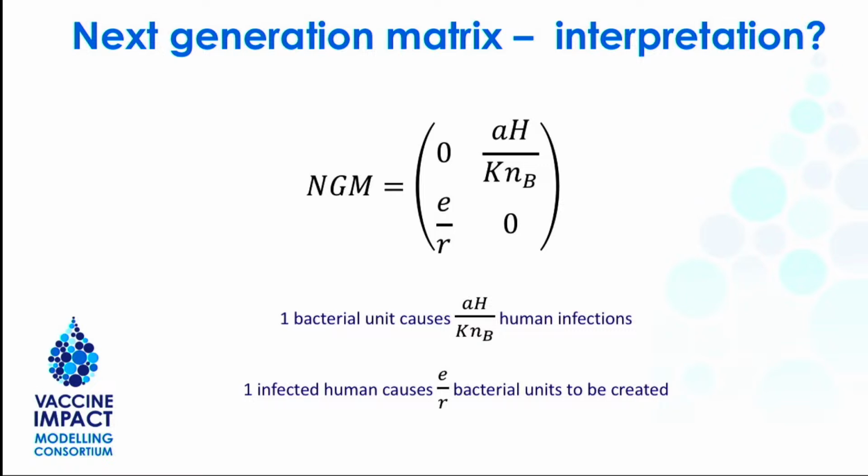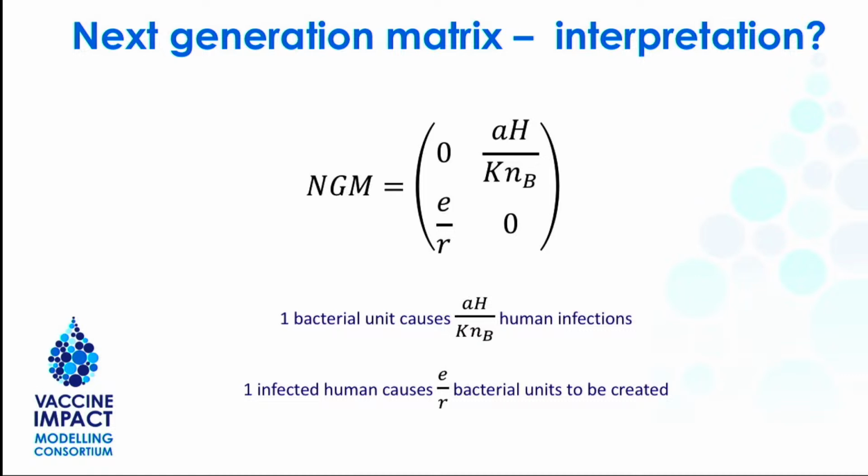Number of infections is our kind of effective transmission rate. In the other model, it was the beta term. Here, it's E. E is the rate that someone who's infected contributes new bacteria to the contaminated environment. This rate is their rate of new infections of bacteria.